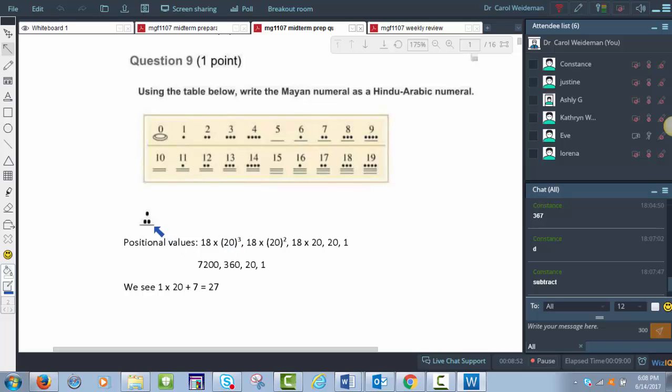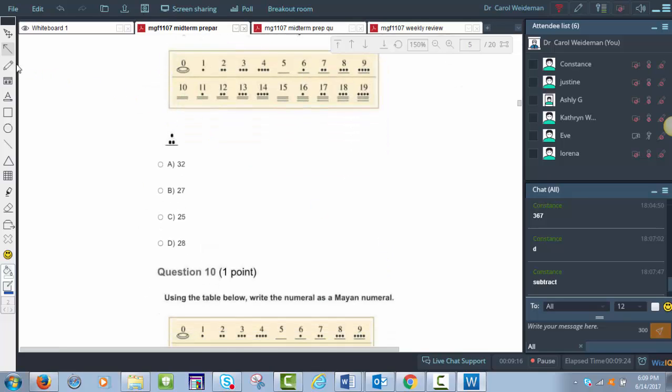So what do I see here? I read from top to bottom, and I see a symbol for 20. I'm sorry, hold on a second. I've got 1 up here in the 20 position. So I've got 1 times 20 up here, and then this symbol is a 7. So I've got 20 plus 7, or 27. Let me jump back over. So this one is 27.